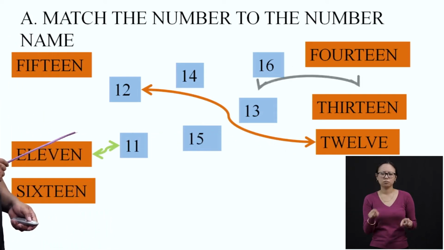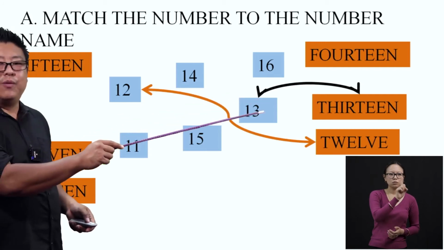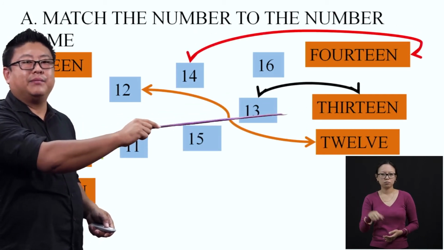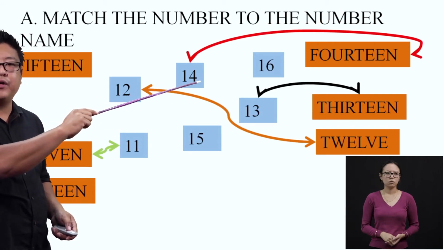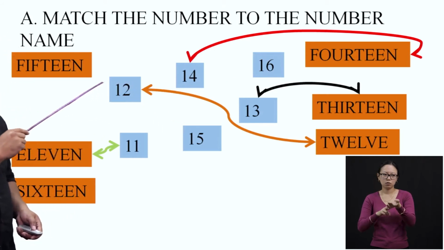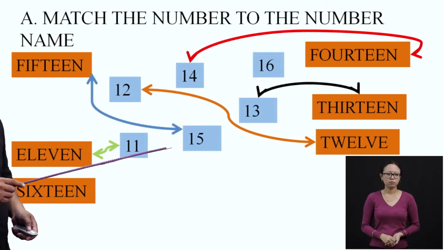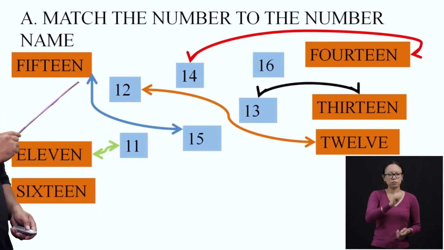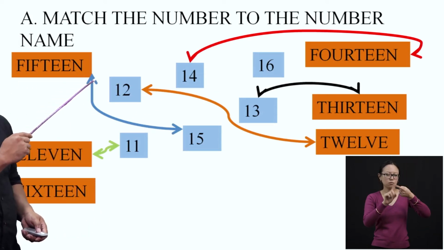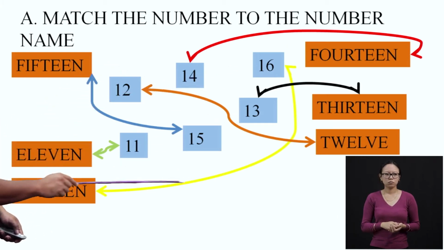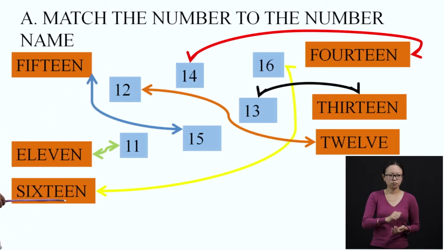Similarly for 13, 1, 3 and 13. All right. And similarly 1, 4, you join it to the number name 14. And next is 1, 5. You join it to 15. All right. And finally 1, 6, the number name 16. All right.